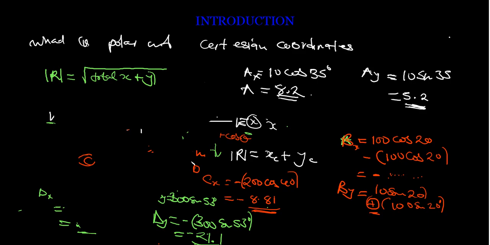All the components that you found from each vector, let's say for 300 you had x and y, you bring them here, add them, and that will be the resultant. So that's how we find the resultant.